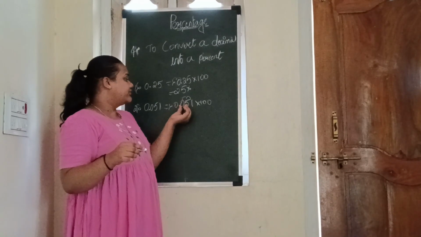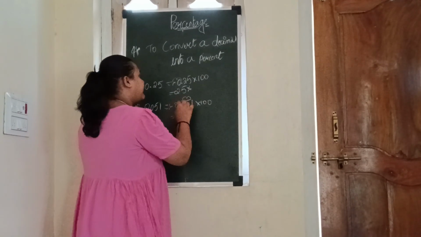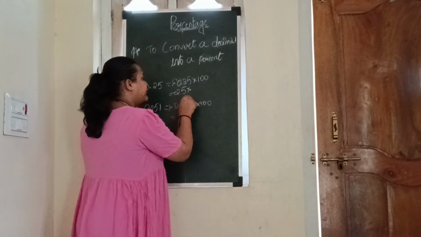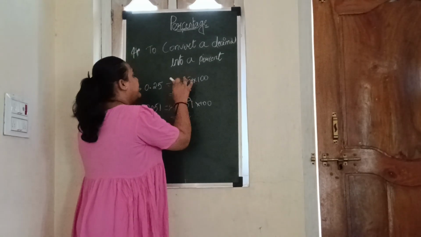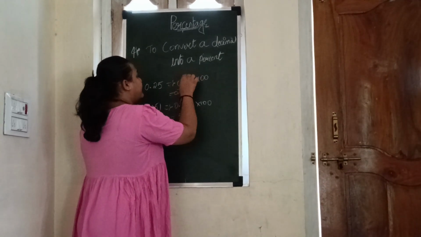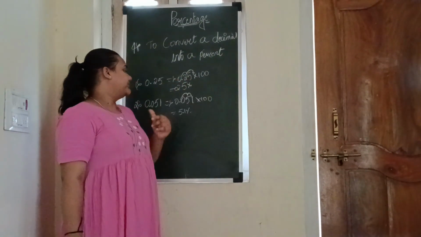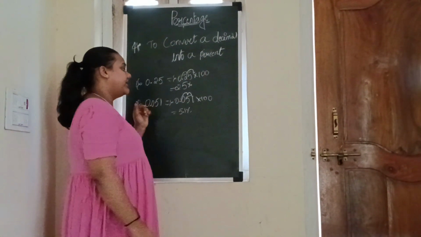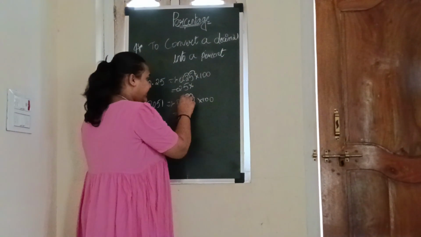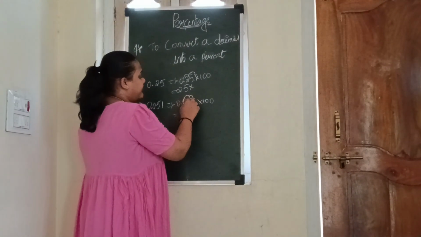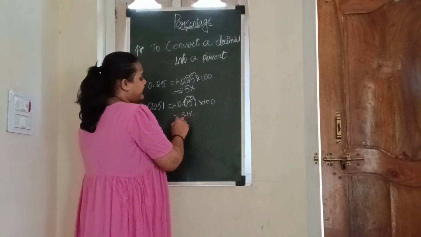So we have to move the decimal point from left to right, two places, so it is 5.1%.